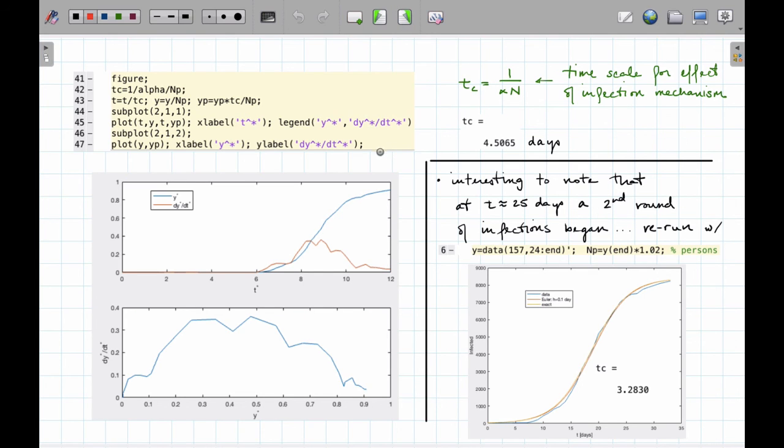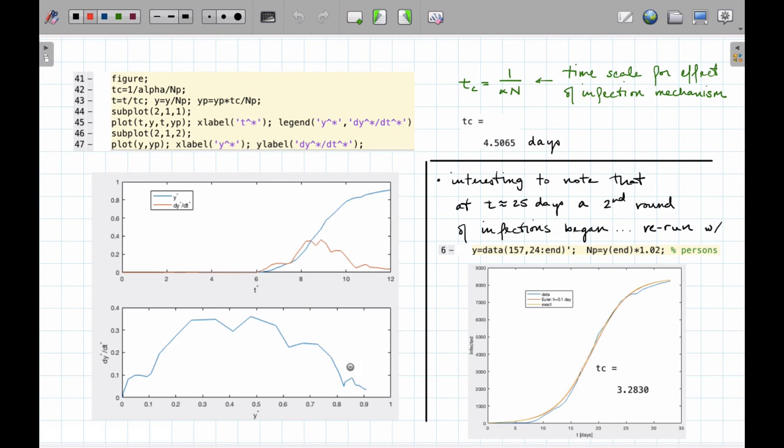So we can go ahead and scale all of our data. So tc is just 1 on alpha N P. We can go ahead and scale our t values by tc, our y values by N P, scale y prime by tc on N P, and plot these guys. And so now we have our scaled dimensionless plot.